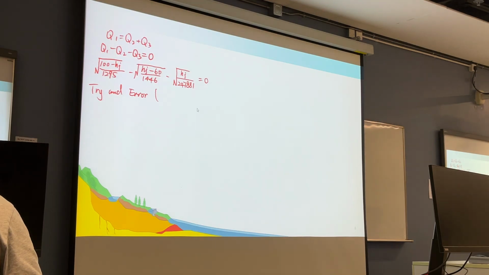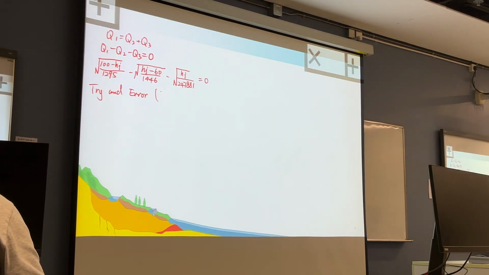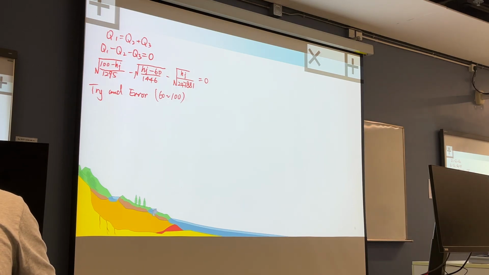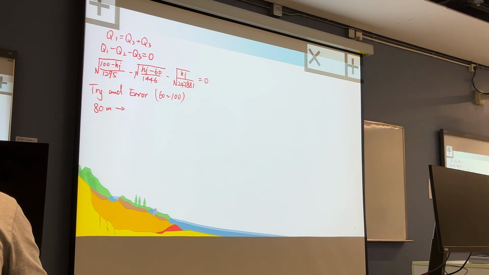So HJ must be in between 60 and 100 meter. For a good try, you see that the middle of the range is 80. You can try 80 meter, putting the 80 into this equation, for example.